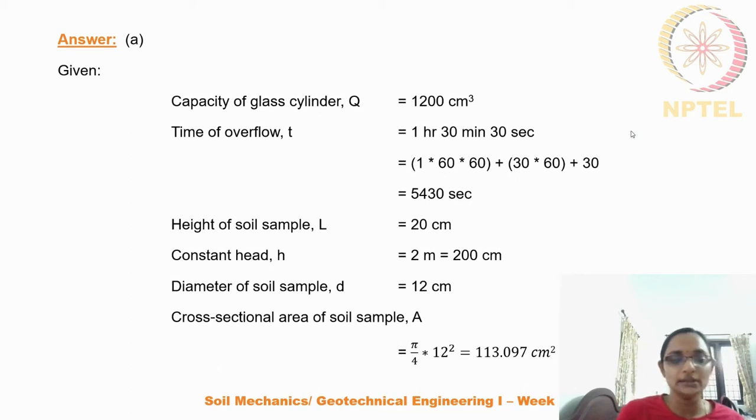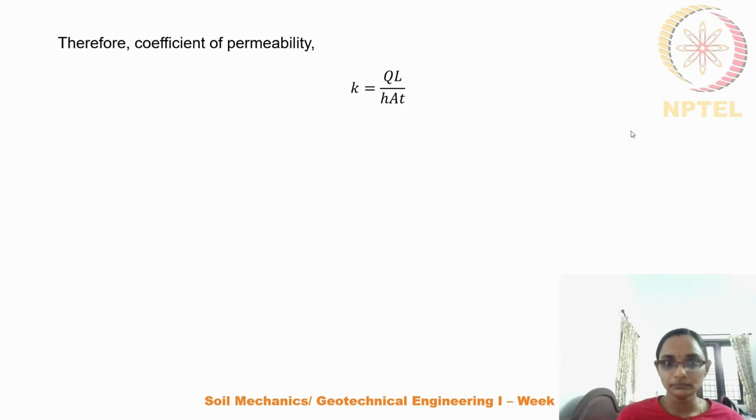In order to determine the cross sectional area, we just have to apply pi by 4 d square, right? So here d is 12 centimeters. So calculating, we have 113.097 centimeter square, right?